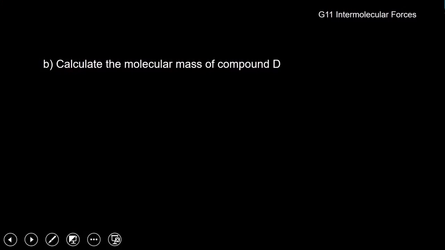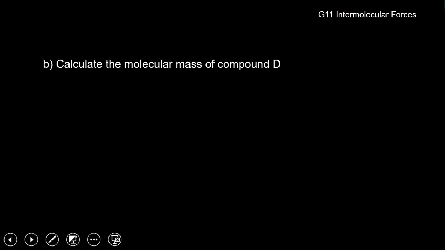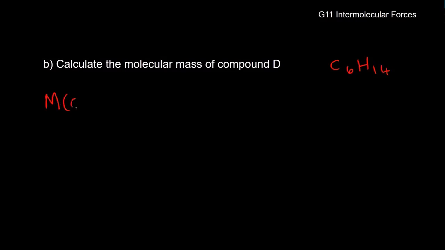Okay, the second question is, calculate the molar mass of compound D. So let's just check out what compound D is. Compound D is here. It is C6H14. So let's write that down. We want to find the molar mass of C6H14.